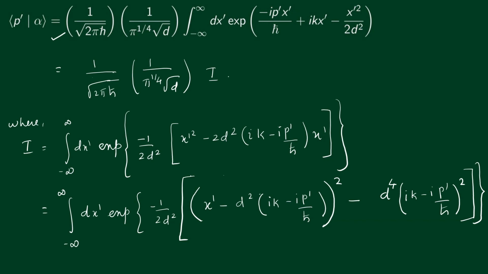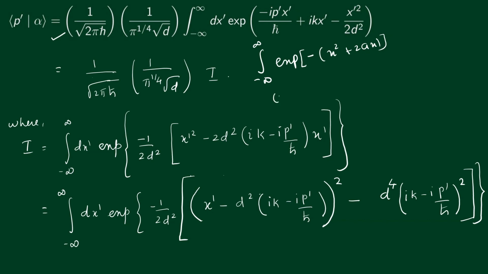So for example, let's look at a simple example. Suppose we have an integral like minus infinity to infinity exponential minus x square plus 2ax. Here we notice that x square plus 2ax are two terms in x plus a whole square.